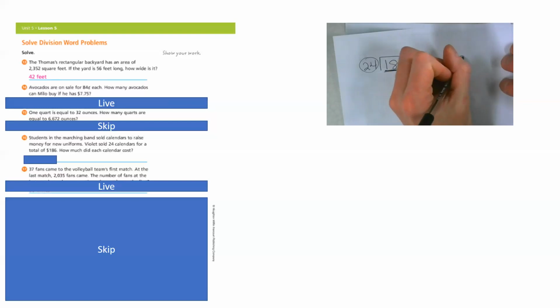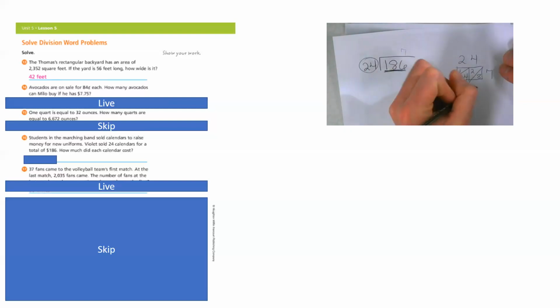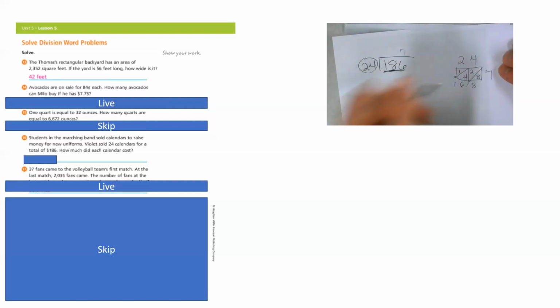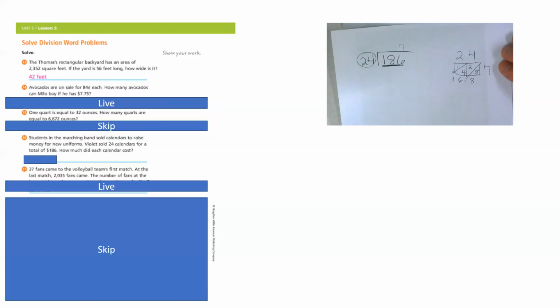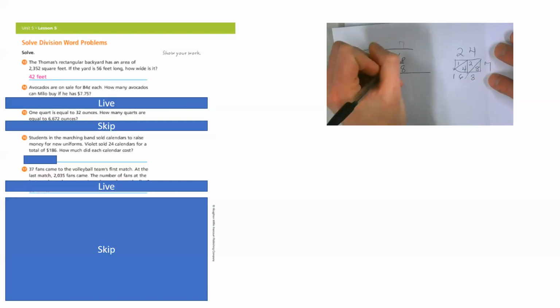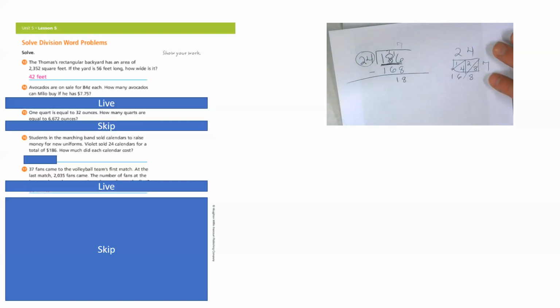Now I'm going to figure out what 24 times 7 is. 7 times 4 is 28. 7 times 2 is 14. 8, 6, 1. Yeah, I'm within 20. That was a good guess. 168. 18 left over. So how much did each cost?